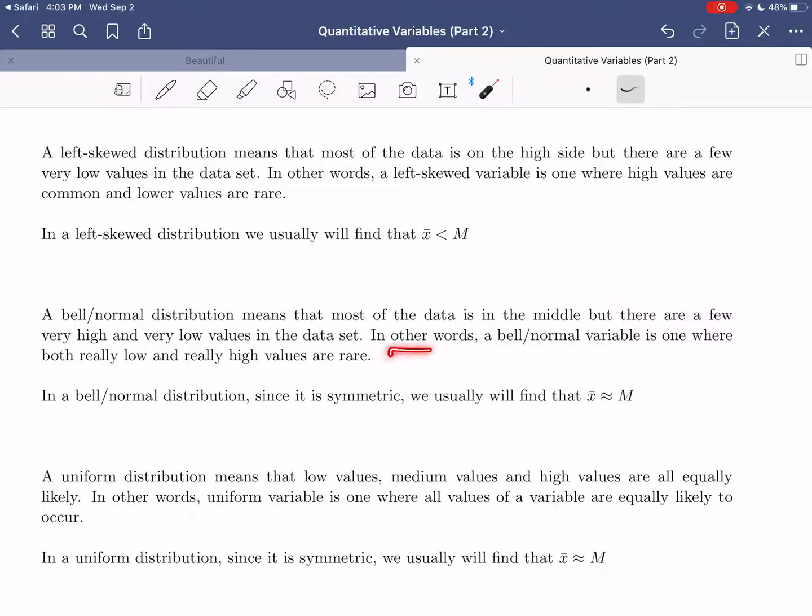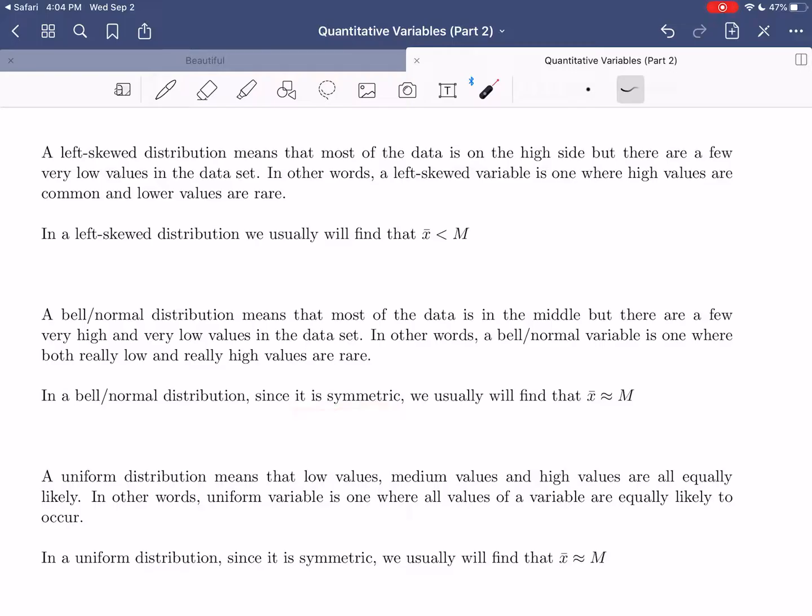So a bell normal variable is one where both really low and really high values are rare. Since it's symmetric, and there isn't a tail pulling the mean one way or the other, we will usually find that the mean is roughly equal to the median. That doesn't mean they're exactly equal; only in a perfectly symmetric distribution will they be exactly equal. But if your mean and median are pretty close to each other, you might be looking at something symmetric.